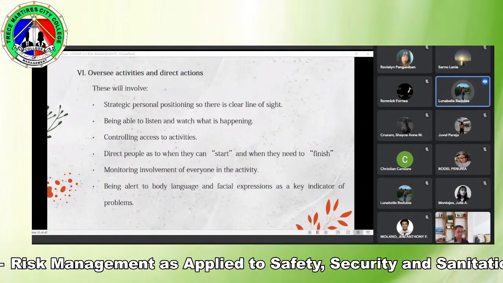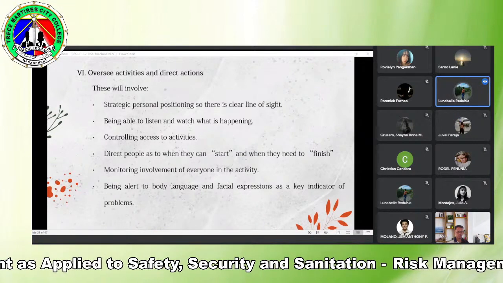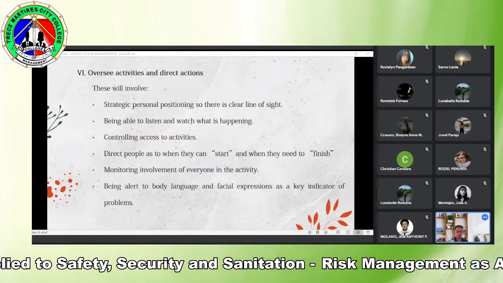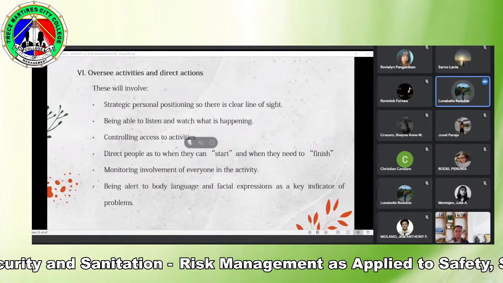Being alert to body language and facial expressions as a key indicator of problems. Ito po yata yung sinasabi niyo po kay Erwin kanina, yung sa mga suspicious person po.